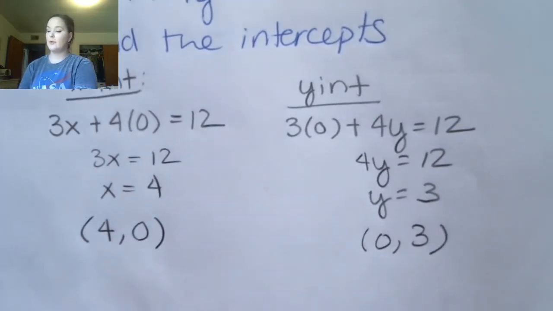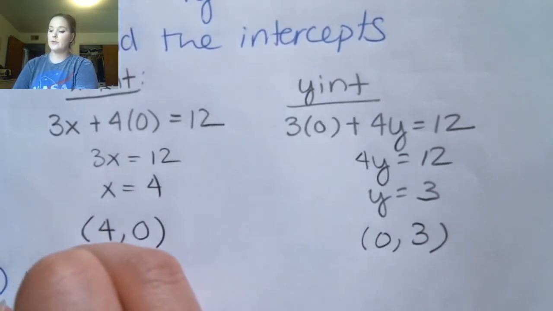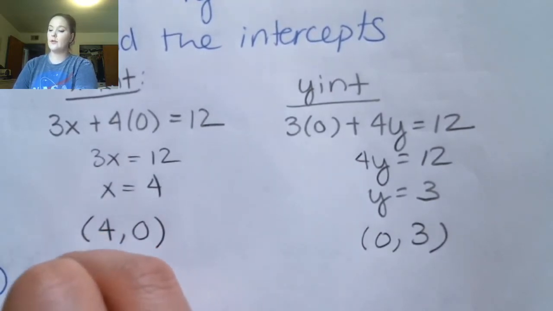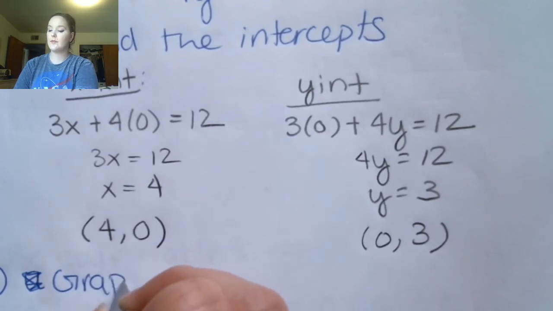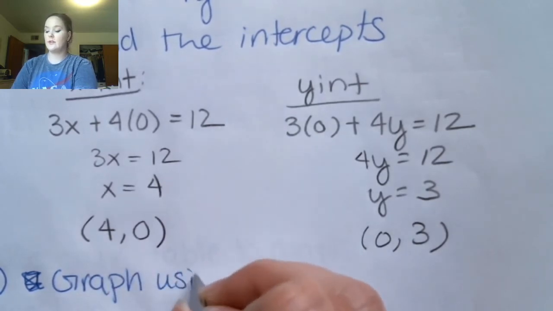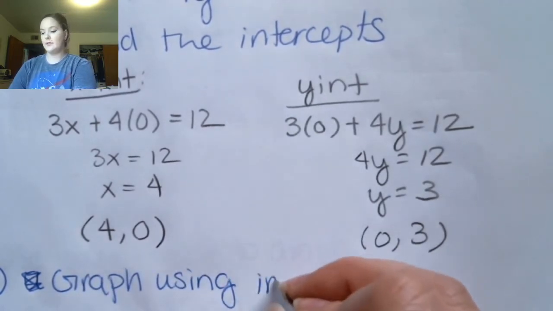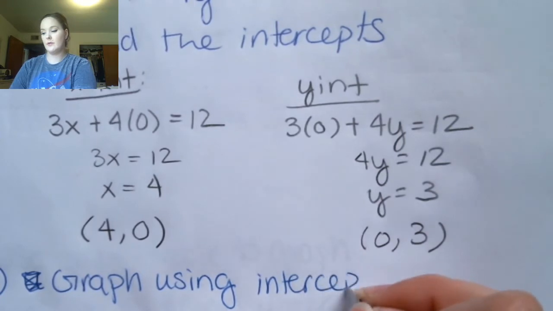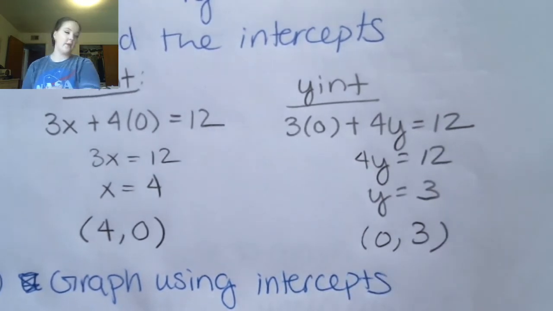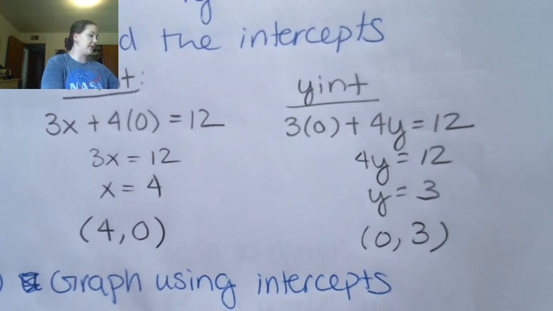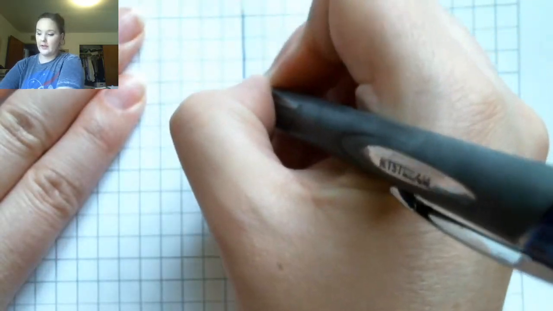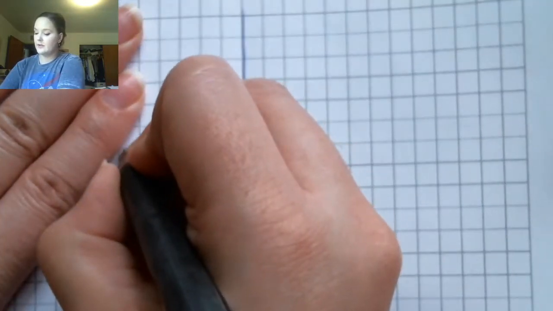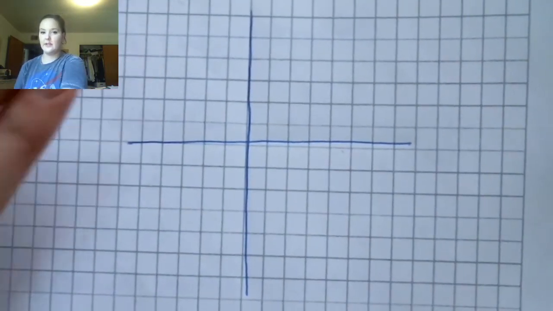Then for part B, we are going to graph using the intercepts. Let's grab a piece of graph paper here. The numbers aren't all that large, so we're just going to draw our axes here.